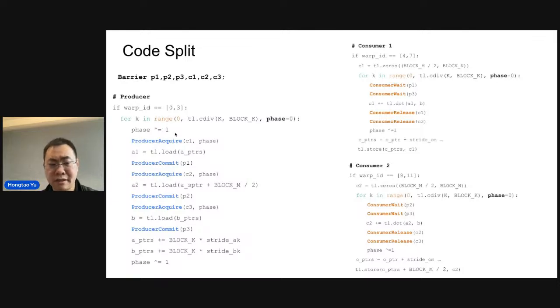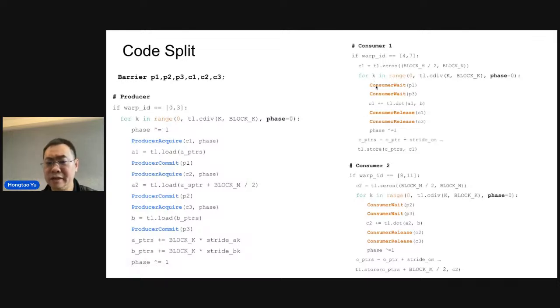The producer starts with a synchronization called producer acquire. It tries to acquire the buffer, and once it is acquired, it fills the buffer with the data, and then it tells the consumer that the buffer is ready through producer commit. And similarly for the other two data sources.